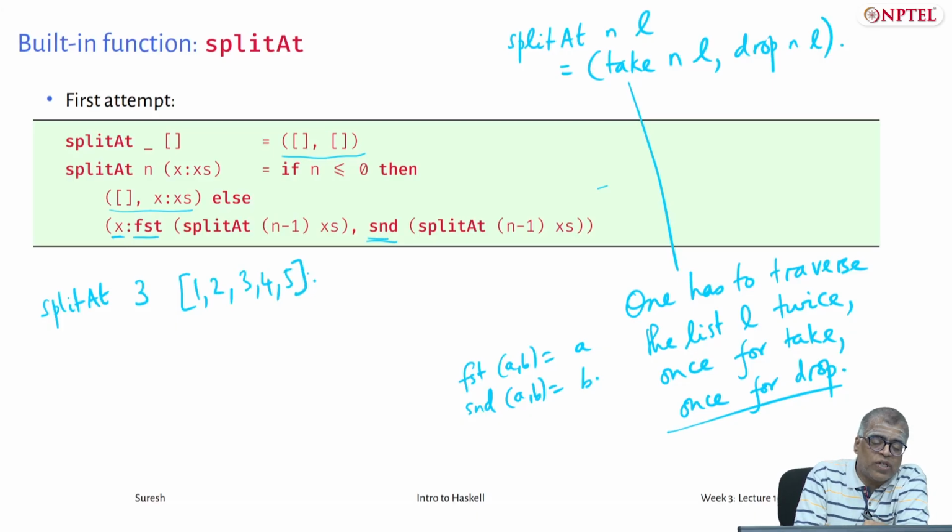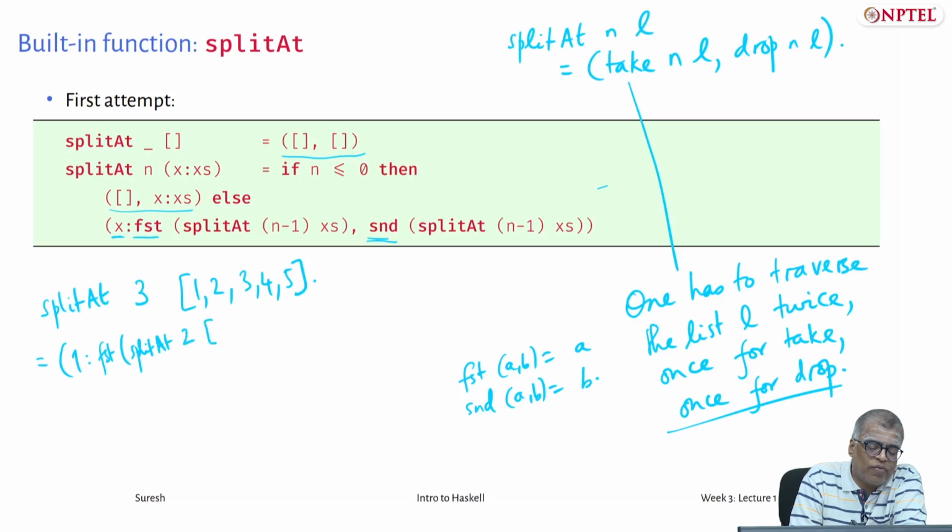Then, so n is greater than 0 and the list is of the form x colon x's. So this will actually be equal to 1 followed by first of split at 2 of 2, 3, 4, 5, comma second of split at 2 of 2, 3, 4, 5.